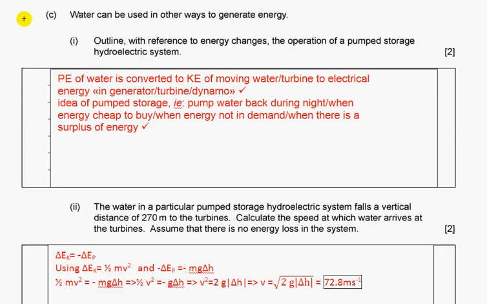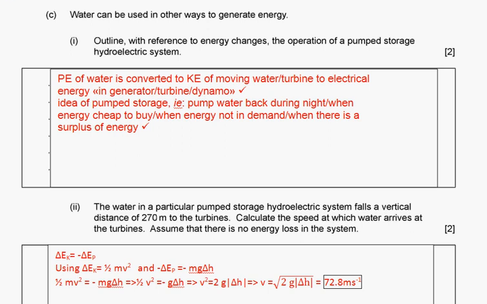C. Water can be used in another way to generate energy. Outline, with reference to energy changes, the operation of a pump storage hydroelectric system. In a pump storage hydroelectric system, we pump water to some height when electricity is not in demand.